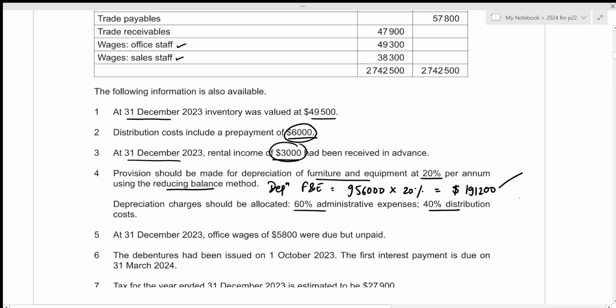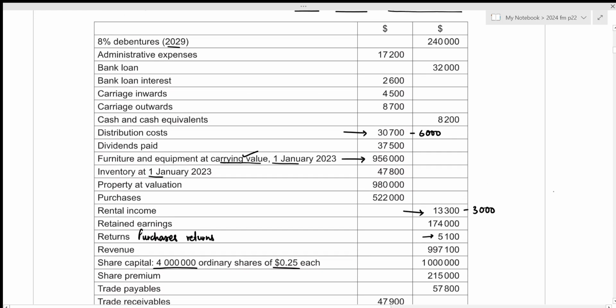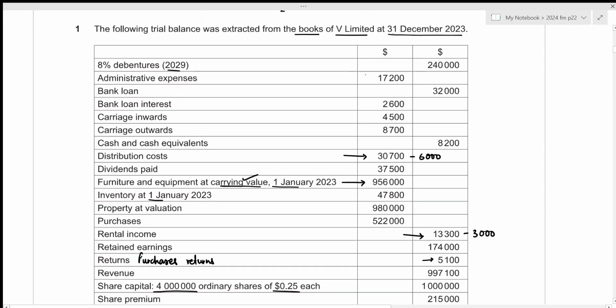Okay, let's divide it. Now towards administrative expenses, we need 60% of this amount. So that will be 191,200 times 60%, which results in the value of 114,720. Let's add this amount to the given balance for administrative expenses, which is right here. So we just add the value of 114,720.